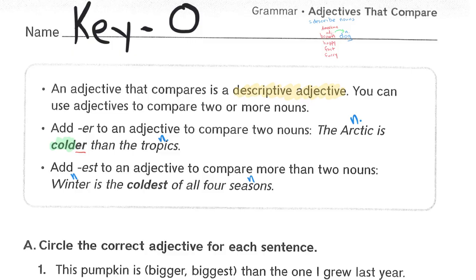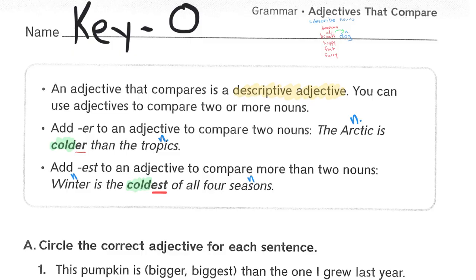And we know that that includes summer, winter, spring, and fall. And by using that EST, I'm taking my adjective cold and I'm making it descriptive. I'm comparing more than two nouns. So yeah, I could say that winter is cold, but if I'm comparing winter to all the seasons, I would say winter is the coldest of all the four seasons. Okay, so ER and EST.